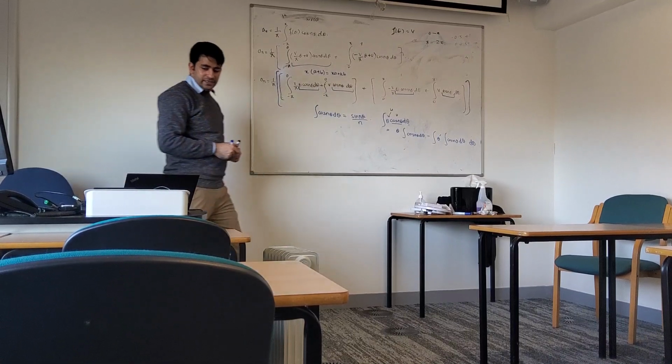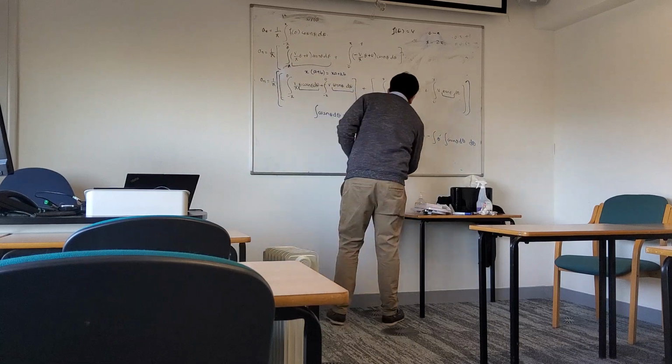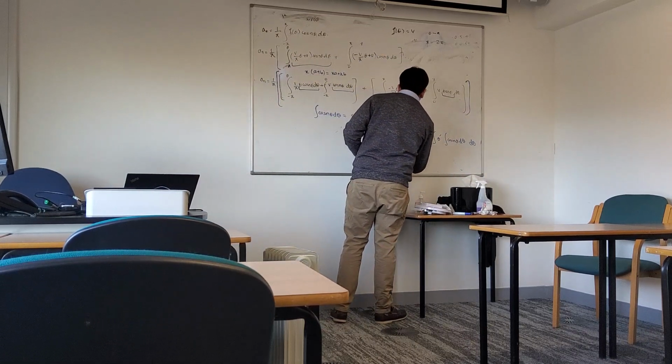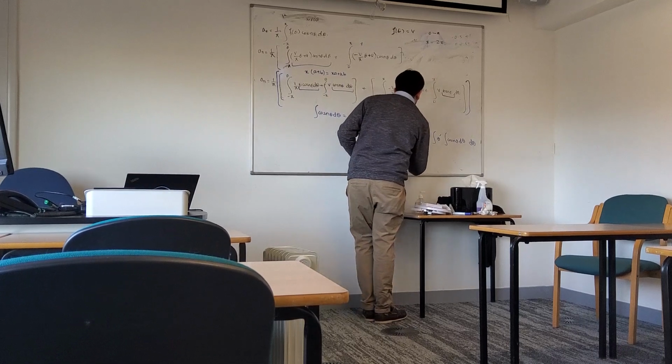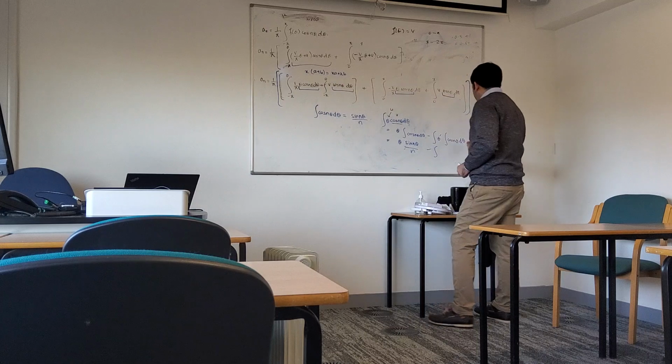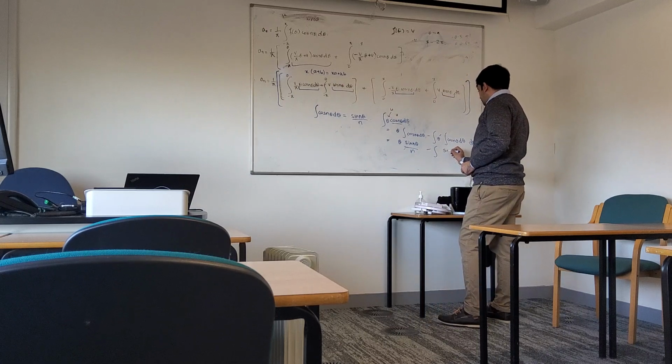Yes, and finally, we know that for cosine the integration is sine n theta by n. Minus, this would be 1, and for this the integration is sine n theta by n.